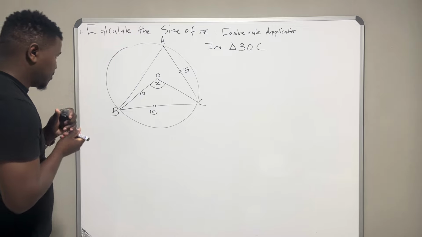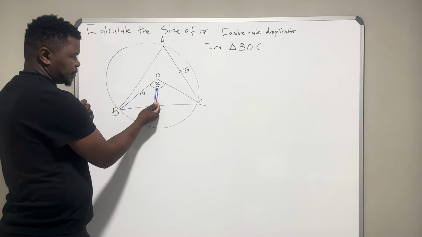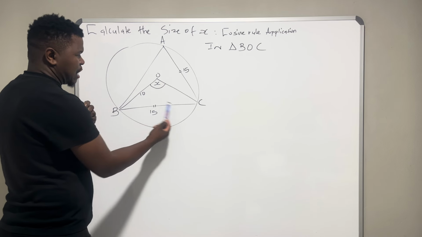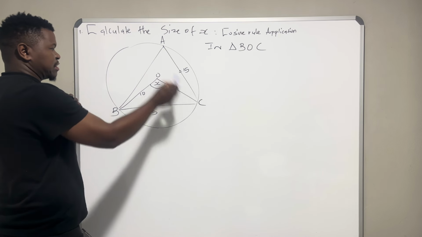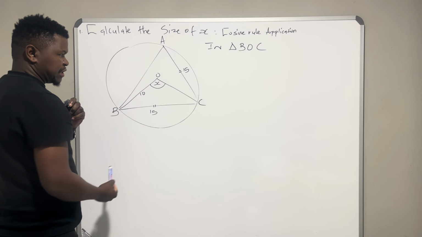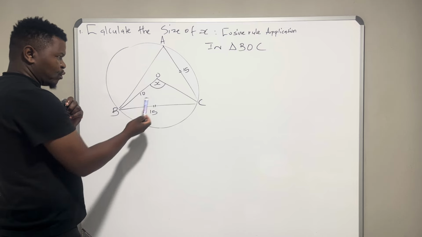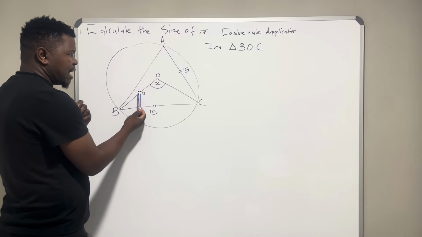What do I have? I have this angle. I have this side, BC. BC is common because BC is part of the bigger triangle and is also part of the smaller interior triangle as well. So I also count BC as the known side. I know this side.